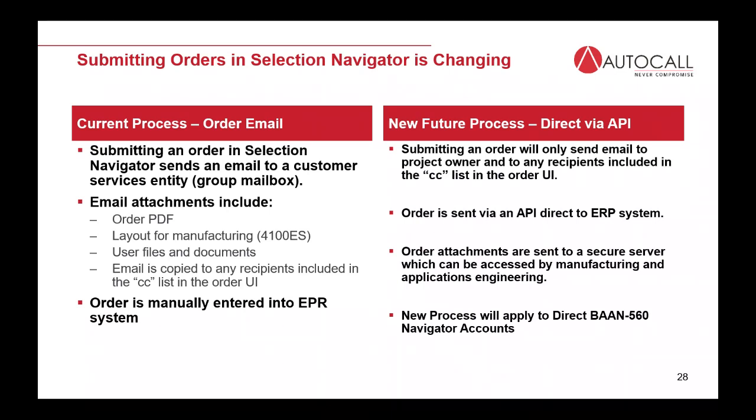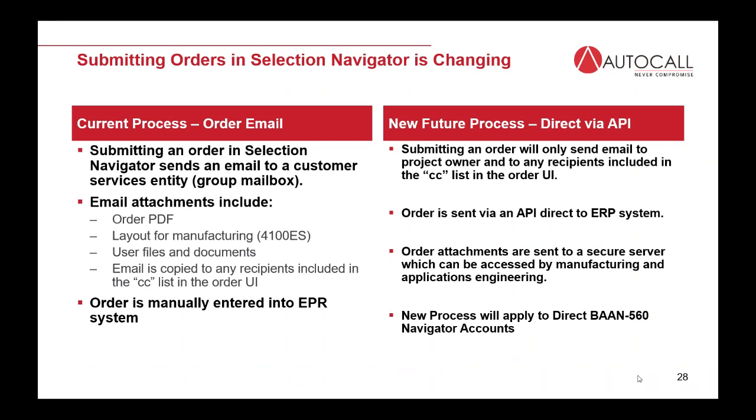So just to have a bit of a recap, in our current process today, the orders that are sent go via email, and when you send that order through, you press that submit button in Selection Navigator, we send an email to our customer services entity, which is a group mailbox.